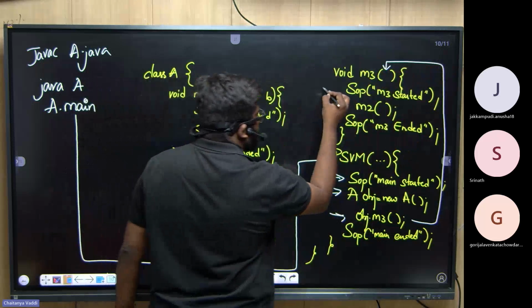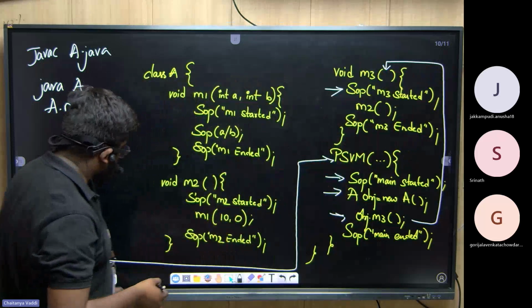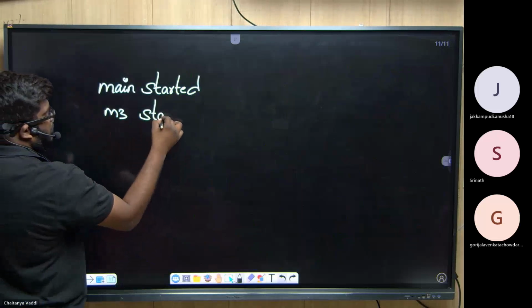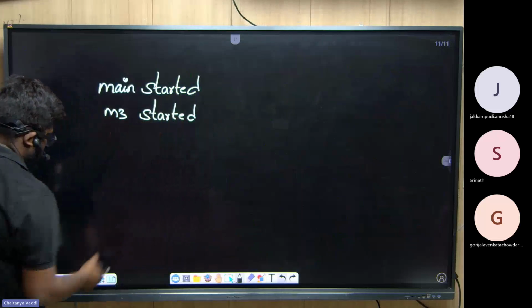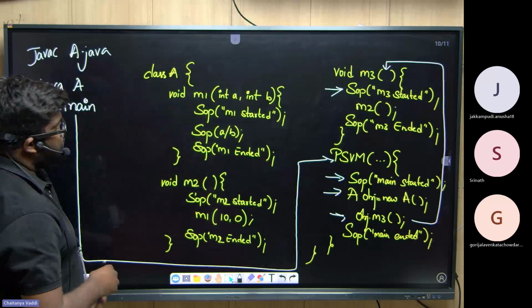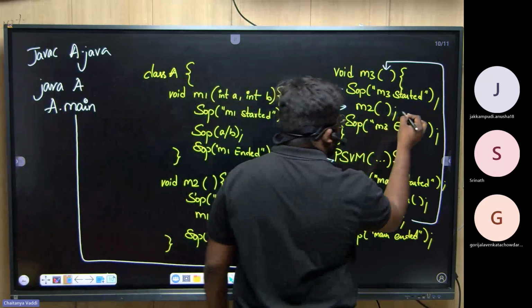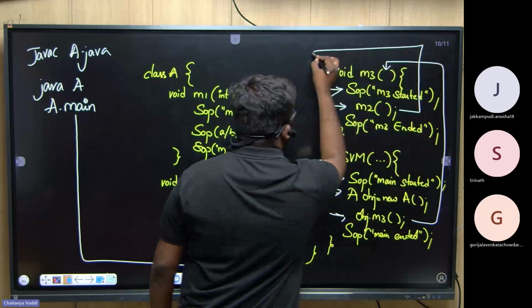So in m3 method, what have we done? We have executed m3 started. So we'll write it down here. M3 started. Very good. Nice. So now after this, what are we going to do? We are going to call m2 method. So now the controller will again jump to where?